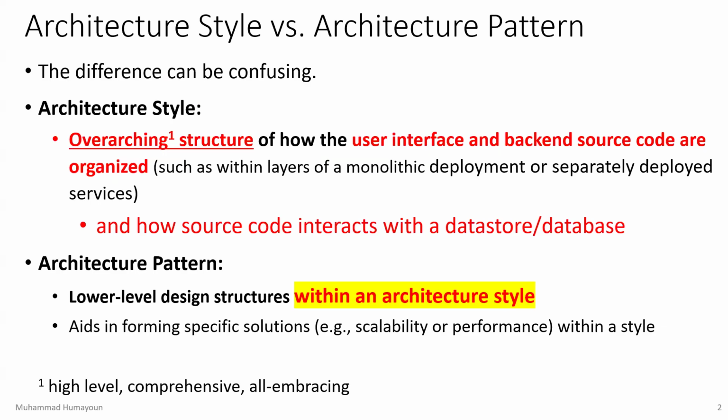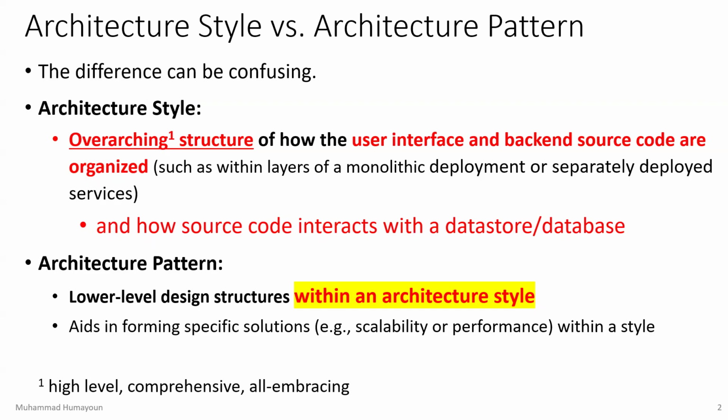Try to think of it this way: architecture style is a high level structure of how the user interface and backend source code are organized. So an architectural style is a high level, comprehensive, or all embracing structure of your software.